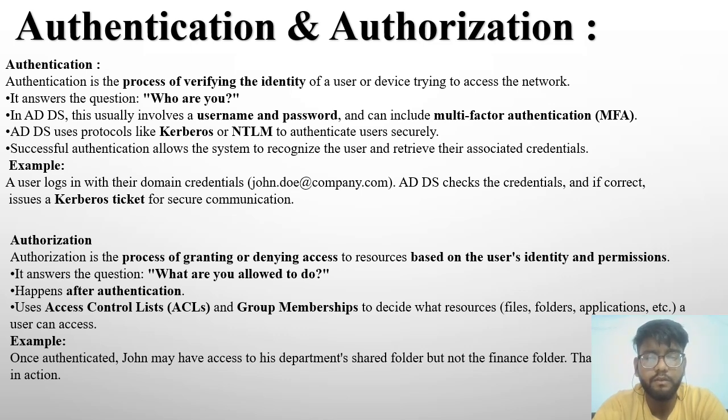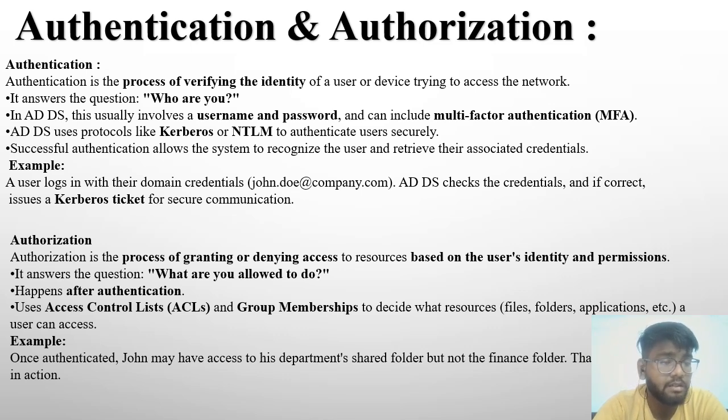ADDS usually involves a username and password, and can include multi-factor authentication, MFA. ADDS uses protocols like Kerberos or NTLM to authenticate users securely. For example, a user logs in with their domain credentials, like john.doe@company.com. ADDS checks the credentials and, if correct, issues a Kerberos ticket for secure communication.